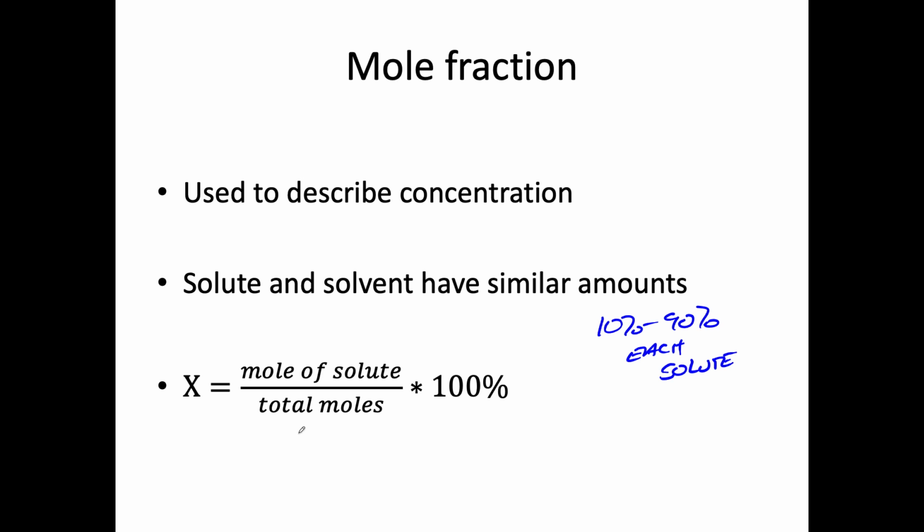And we're looking for moles of solute over total moles. So on the bottom is the total amount. And this is X, what we call chi. It's just a fancy Greek letter X. And we're talking about moles of solute over total moles, and we usually multiply by 100%.